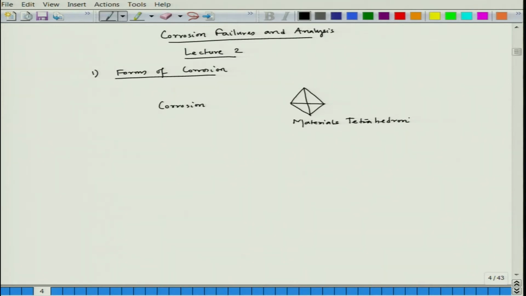We have taken examples like 18-8 stainless steel, and we saw that there is a strong relation between corrosion and the materials tetrahedron. It is not only that, we have also mentioned that there is an interplay of environment on corrosion, as well as environment also has an interplay with the materials tetrahedron.